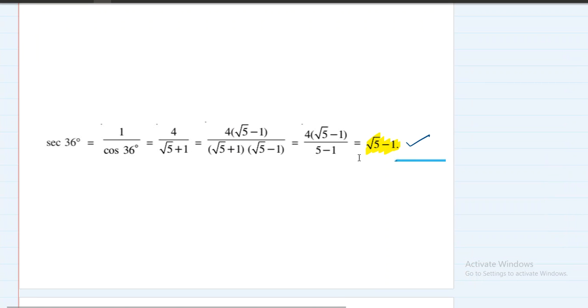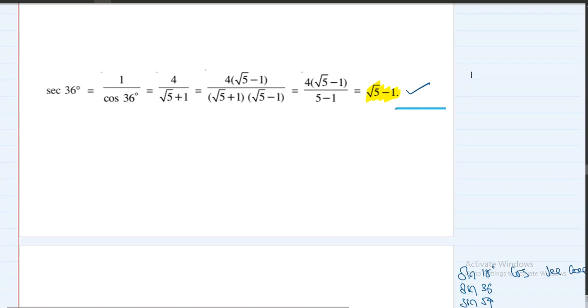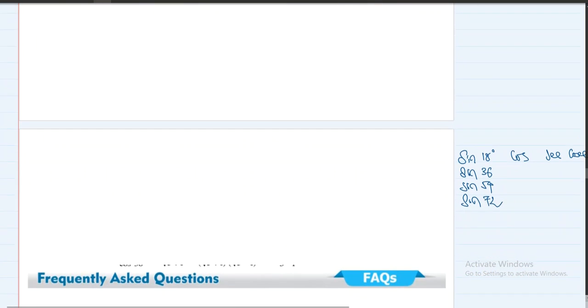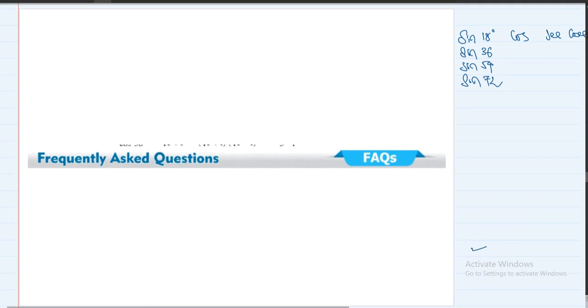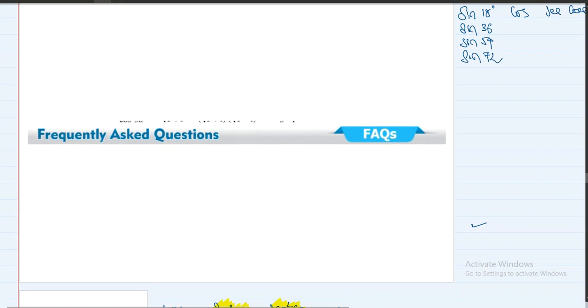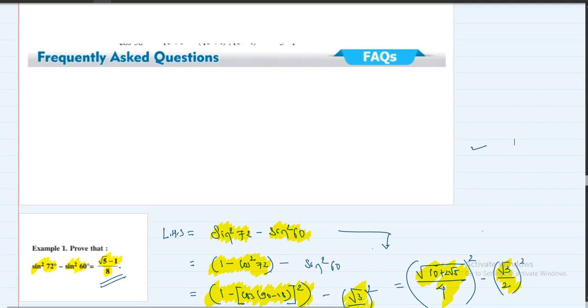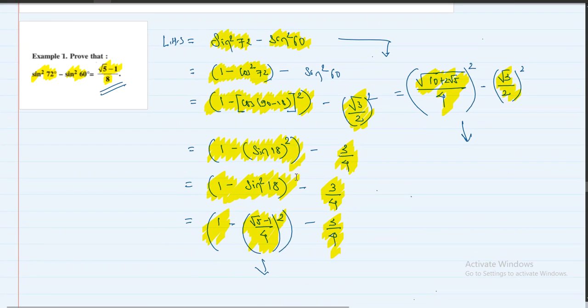Let's discuss some numericals. Okay, the first one is you have to prove that sin square 72 minus sin square 60 is equal to root 5 minus 1 by 8. So you have two options here.